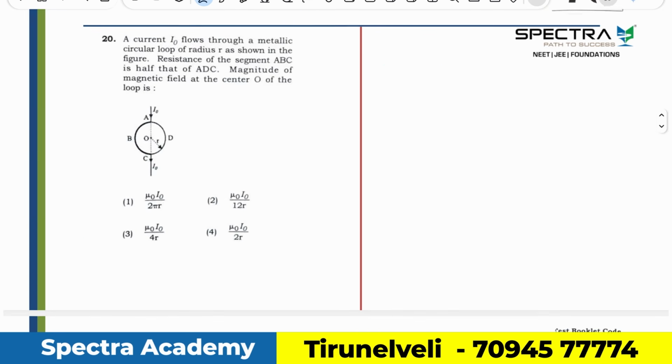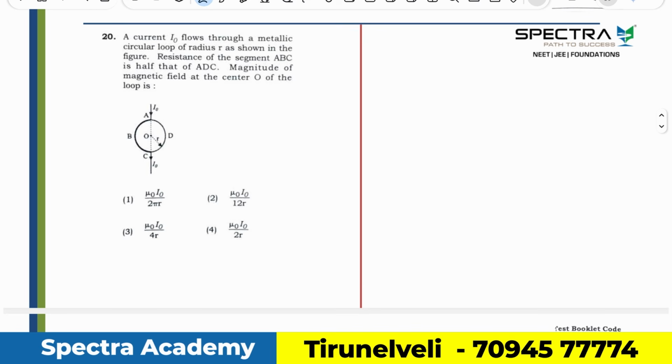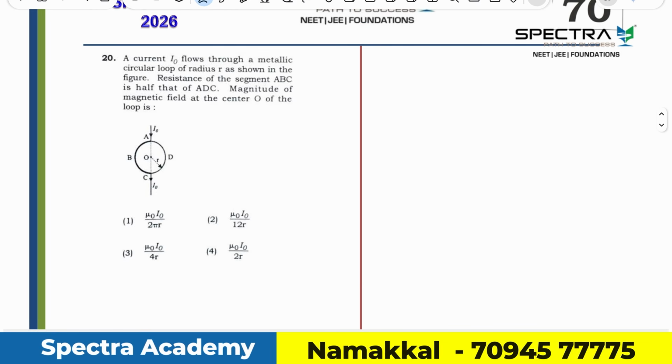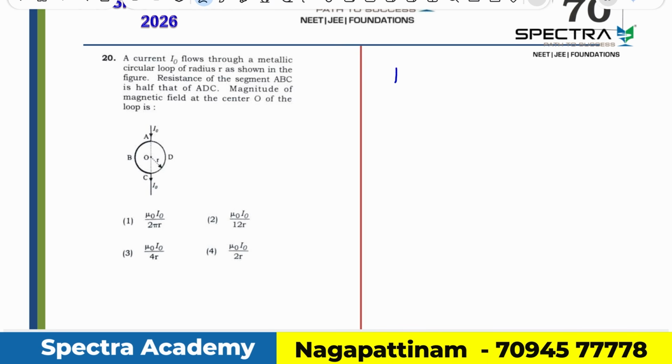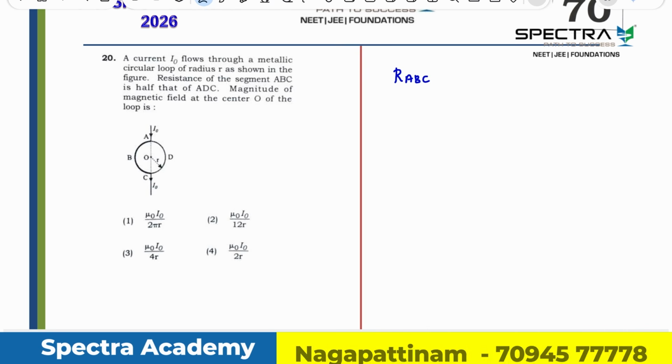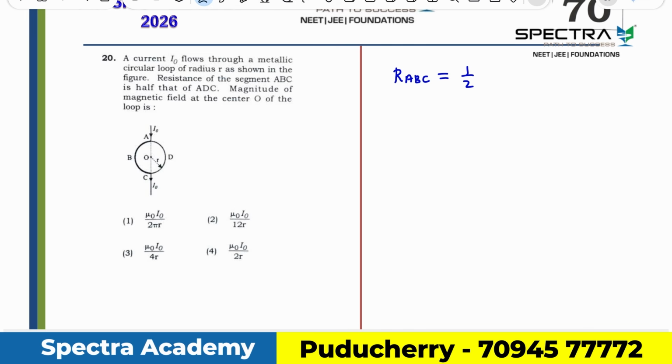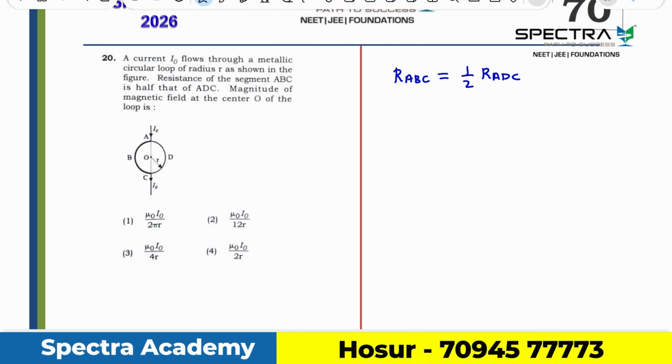Now let's move on to the next question. A current I0 flows through a metallic circular loop of radius r as shown in the figure. The resistance of the segment ABC is half the resistance of ADC.